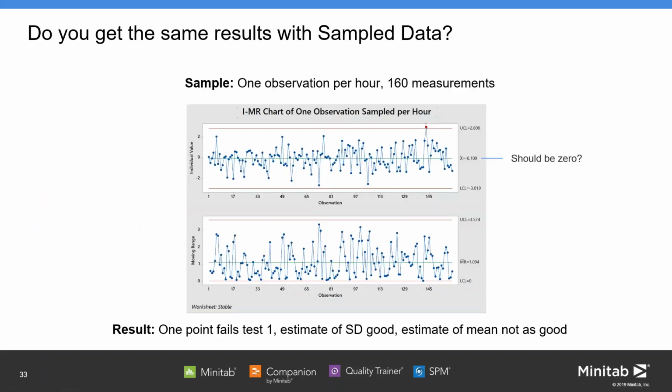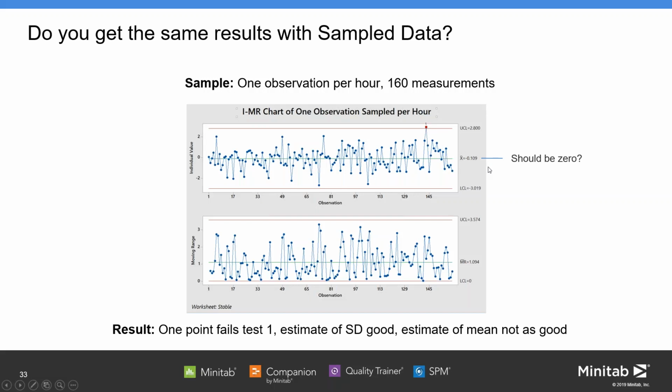So let's have a look at the first result. In this case, I've selected at random 1 observation per hour, which results in 160 measurements. If I look at the top chart and I look at the mean for this process, you can see that the mean is slightly above 0, which is what I was expecting.